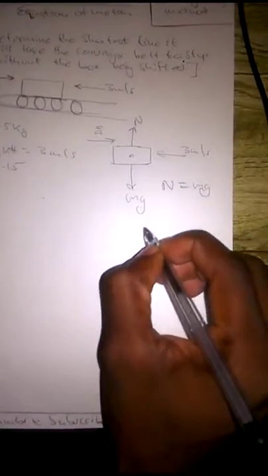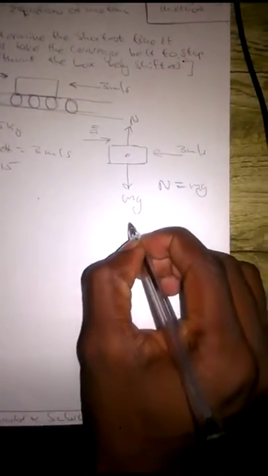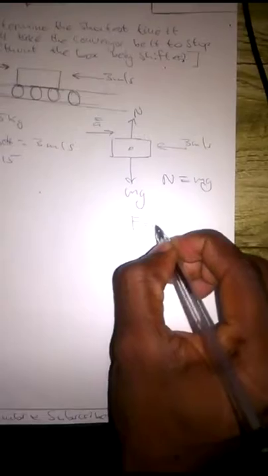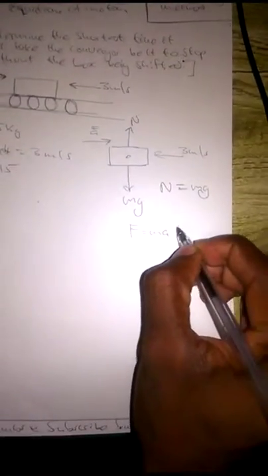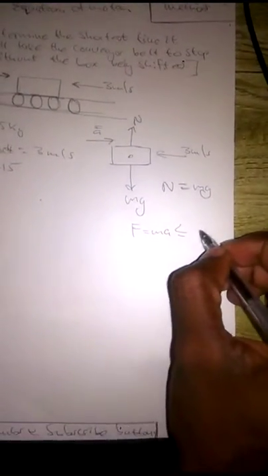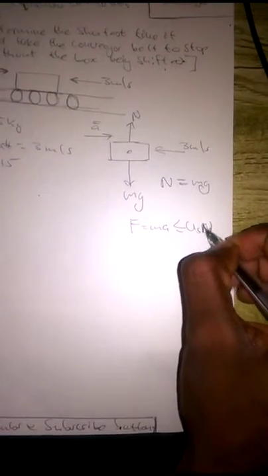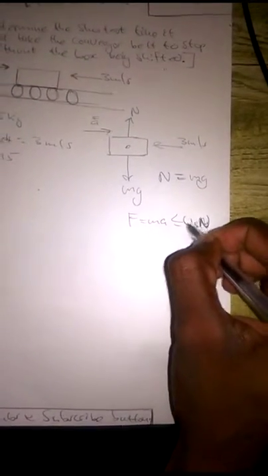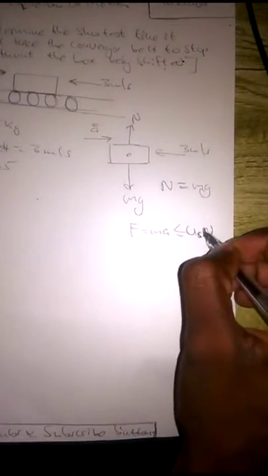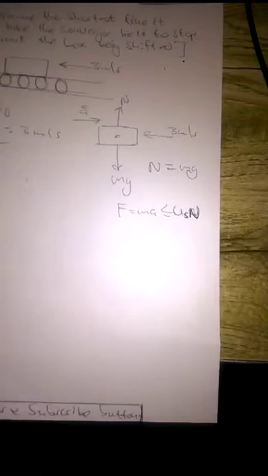So for this box to not move, the horizontal force ma should be less than mu s N, which is the normal force multiplied by mu s, the static friction.